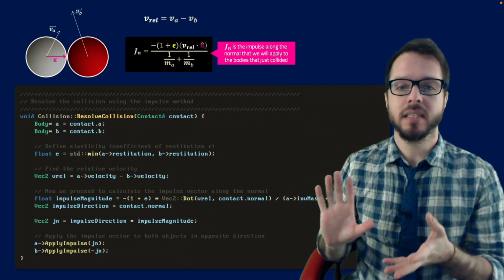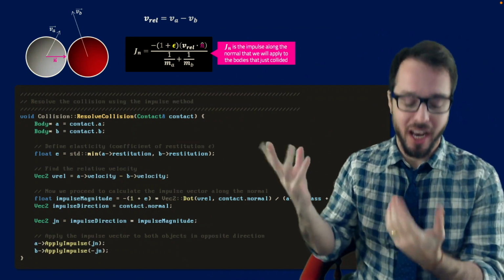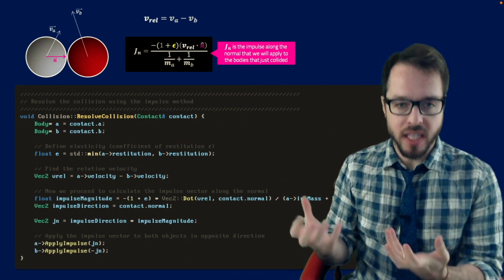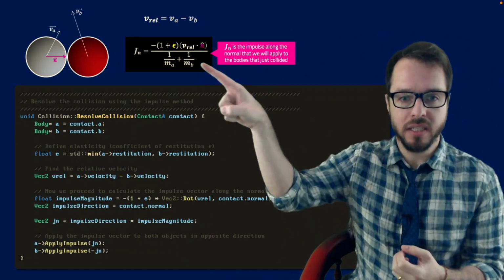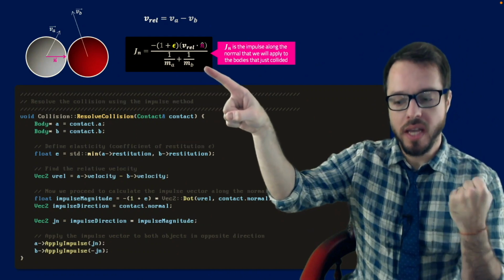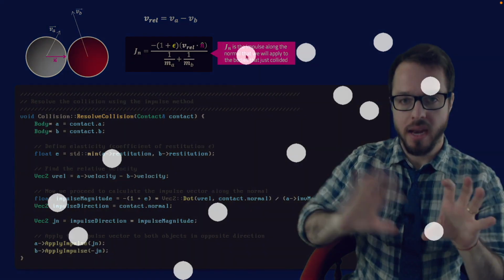And this is it. Whew, I told you this was a long lecture, but I think everything makes sense, right? This is the math, this is the breakdown that we need to find this big formula right here that has to do with the linear impulse that I have to apply to A and B to resolve this collision.